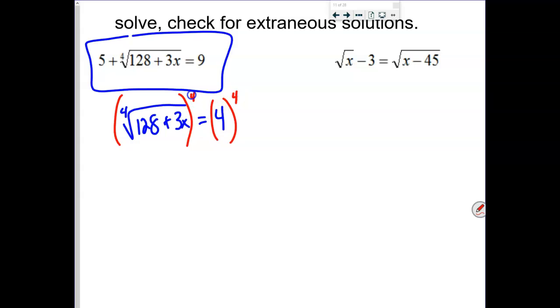What is that called? Raising to the 4th power. Fourthing it. But a fourth is 1/4. Then it would be fourth.